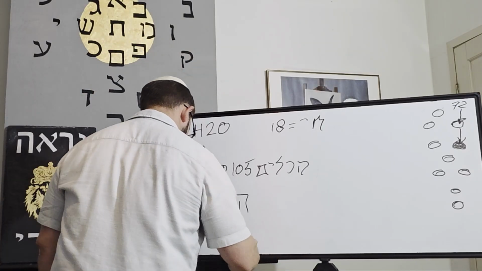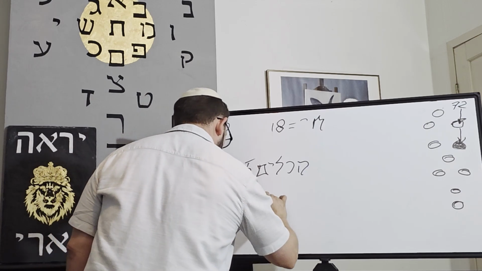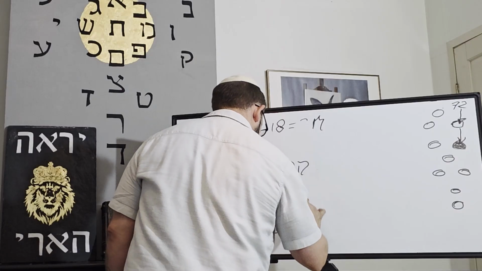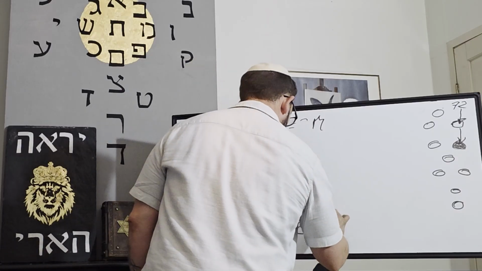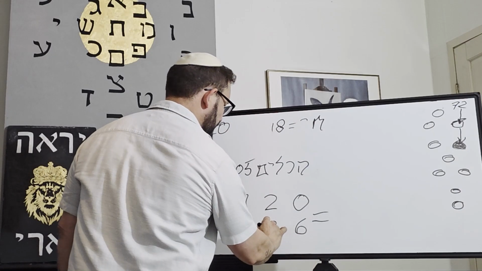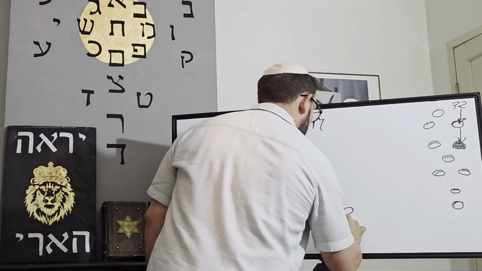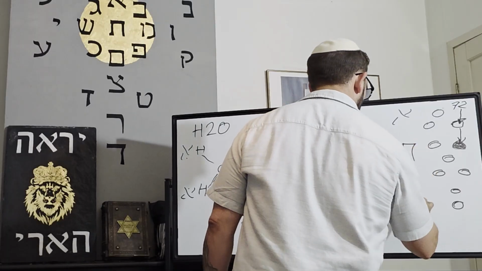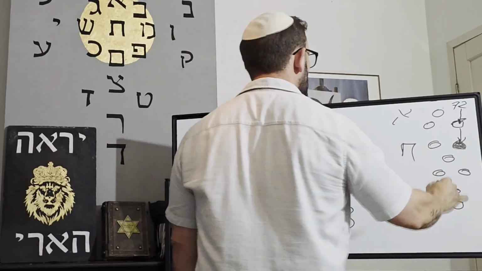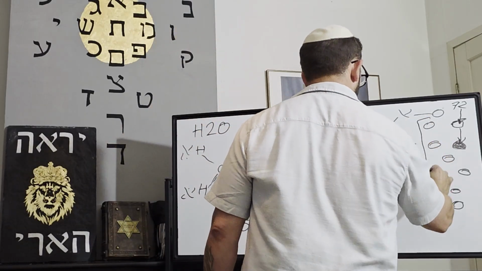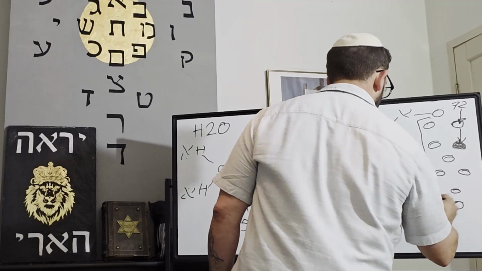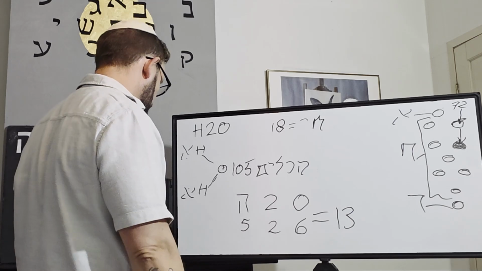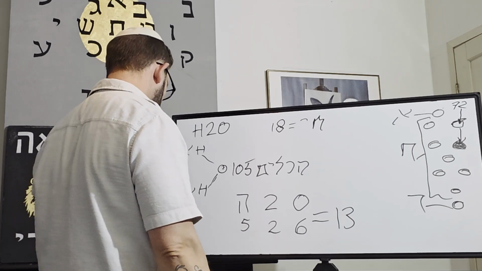H is 5, 2 is 2, and O is a Vav, is 6, which makes a total of 5 plus 2 is 7 plus 6 is 13. And 13 is Echad. Echad, 1. Water. There's a unity in water, right? So 2 gases forming 1 liquid.